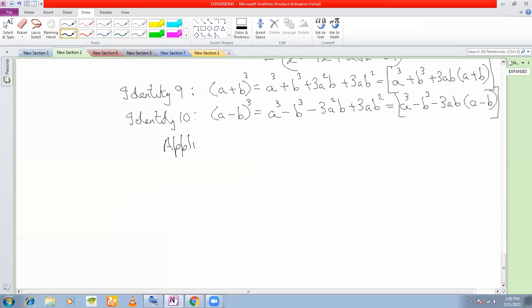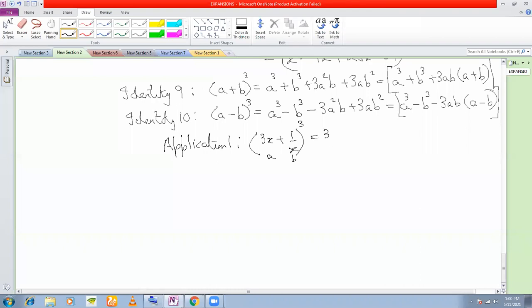Application number 1. Let us start with something that is very basic. Okay, you have (3x plus 1 by x) whole cube. How to expand this? Consider this 3x to be a and 1 by x to be b.